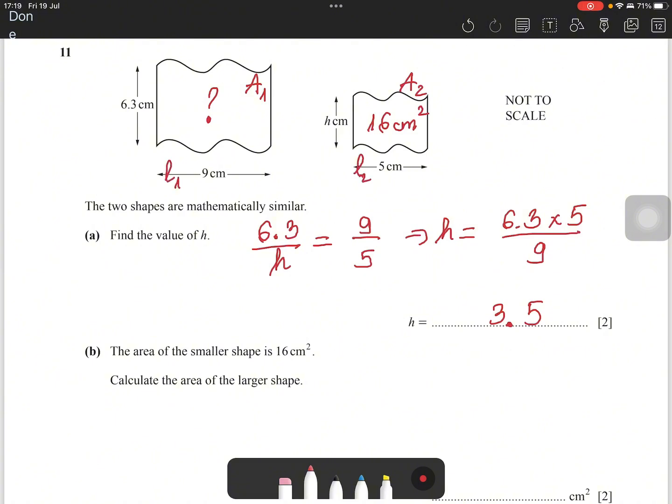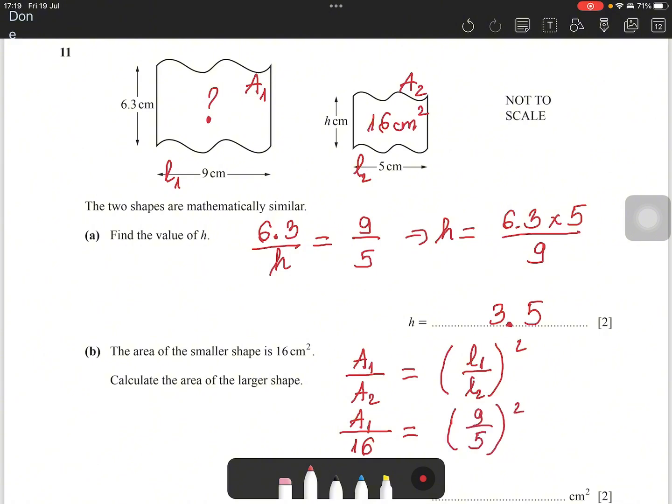The ratio of the areas should be the square of the ratio of lengths, right? So A1 is what we want to find. A2 is 16 square centimeters. And the ratio of the lengths is 9 over 5. Then we square it.